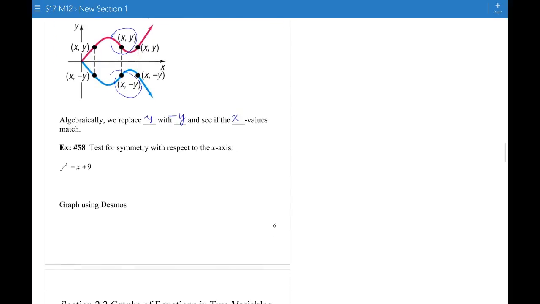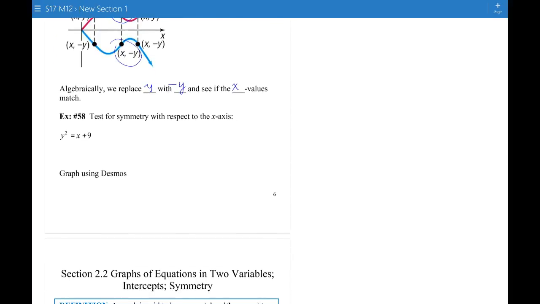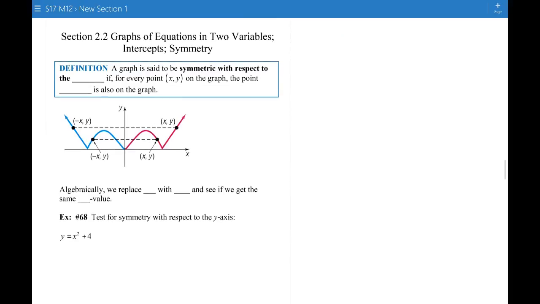So if we want to test for symmetry with respect to the x-axis, we replace y with -y and see if we get the same thing once we simplify. Then we write symmetry with respect to the x-axis, so you don't have to keep writing that out. If you keep thinking about this picture, this will help you think of what to do with the algebra. Then we'll draw a graph of this using Desmos.